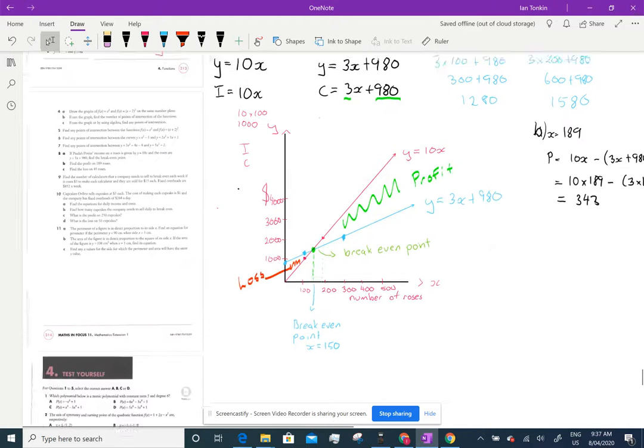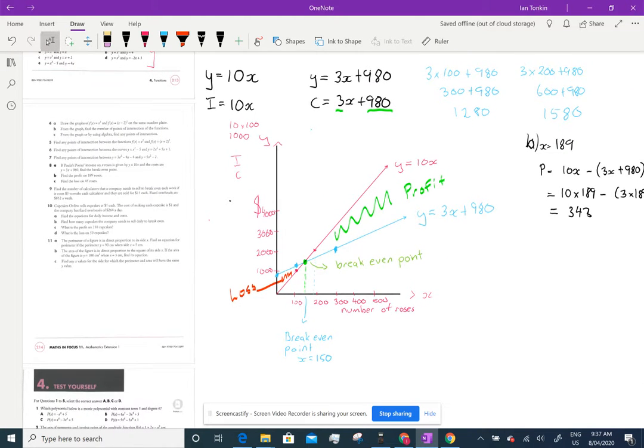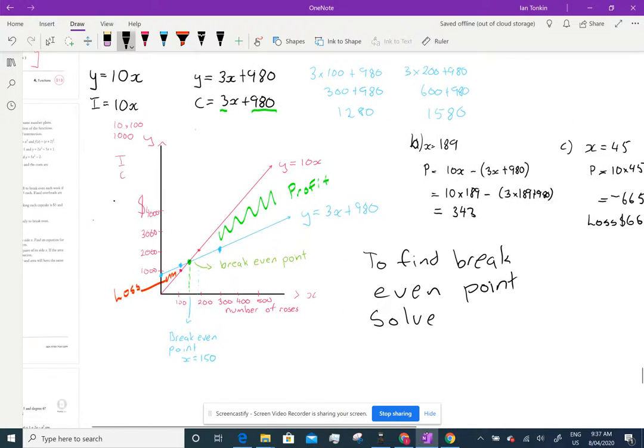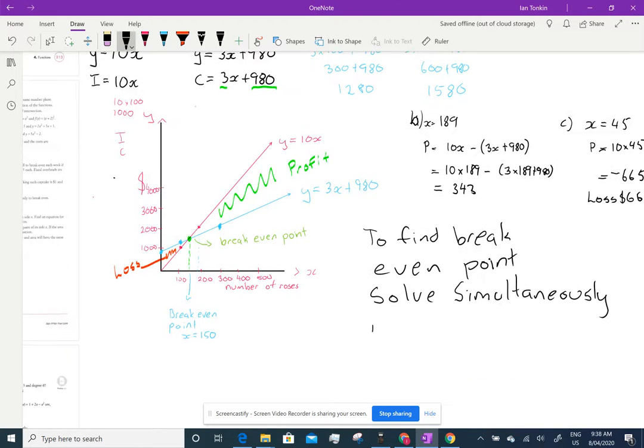There is another way to do it though. If you want to find the break-even point, you can solve simultaneously. So what do we got?